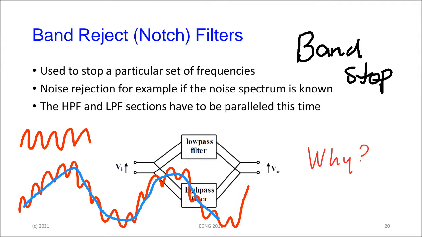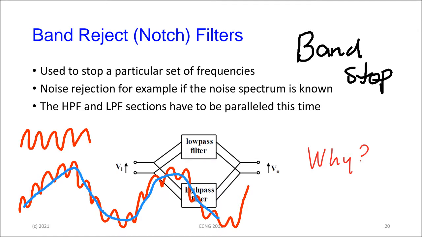The center frequency is what it is going to reject, or what it is going to stop. And the bandwidth, of course, is how wide around that particular frequency it is going to stop everybody. And then outside of that, it lets the other frequencies pass.